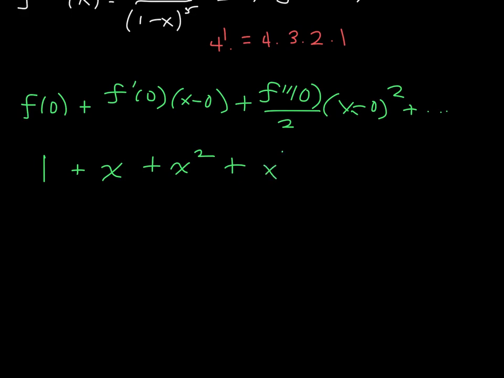X cubed plus x to the fourth and so forth, plus etc. Of course, this can be written in summation notation as just x to the power k, as k goes from 0 to infinity. This is the Maclaurin series for that rational function, 1 over 1 minus x.